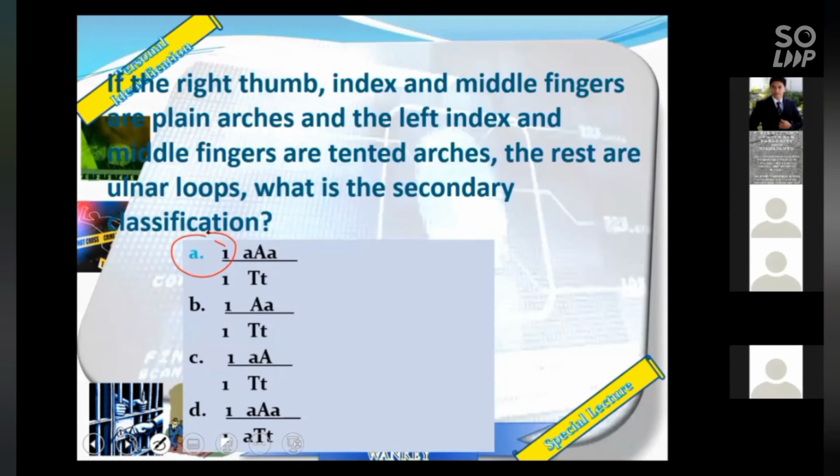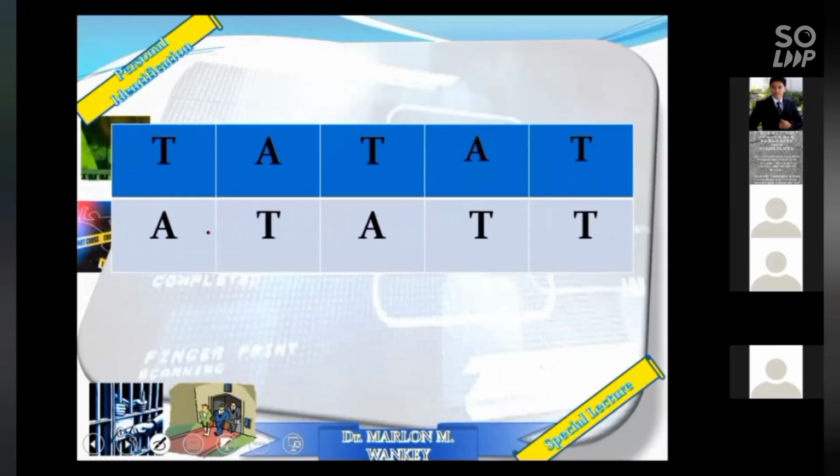Kasi sir, akala ko kapag magkaparehong dalawang T, T exponent. Hindi kasi yung letter T is a capital letter T and the other one is a small letter T. So hindi pwede. So here is what will appear. Okay, yan. Atat. So what is your primary classification?